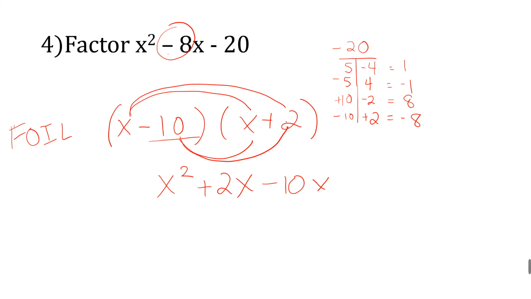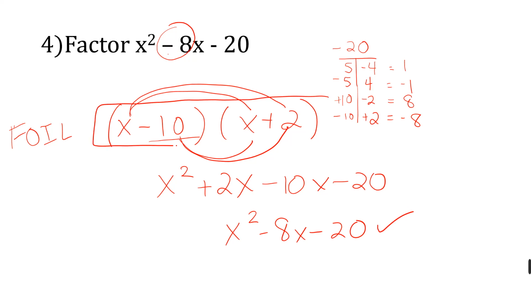And last terms, negative 10 times 2 is negative 20. So we get x squared minus 8x minus 20. Since that matches the question, x squared minus 8x minus 20, I'm going to go ahead and box my answer, even though it has a bunch of arrows, because that's the right answer.